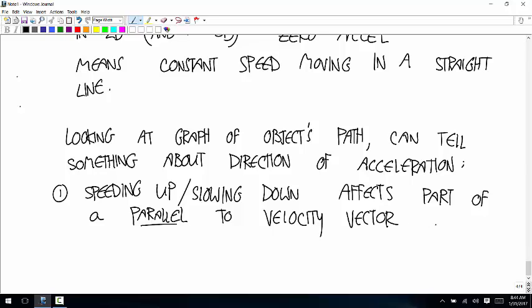I'm going to call that A parallel. If it's speeding up, A parallel is in the same direction as the velocity.